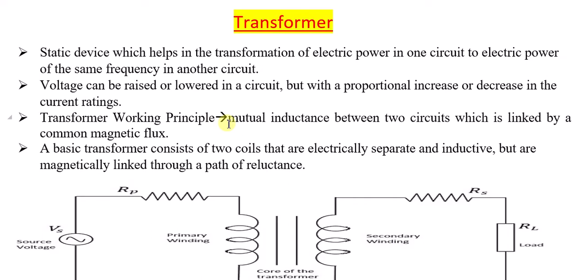The main application of the mutual inductance concept comes in the transformer. The transformer working principle is based on mutual inductance between two circuits which are linked by a common magnetic flux. All these terminologies I have discussed already in the previous sessions.